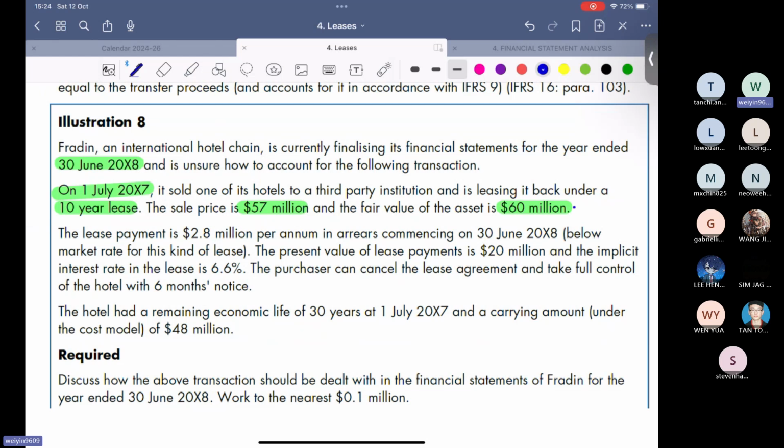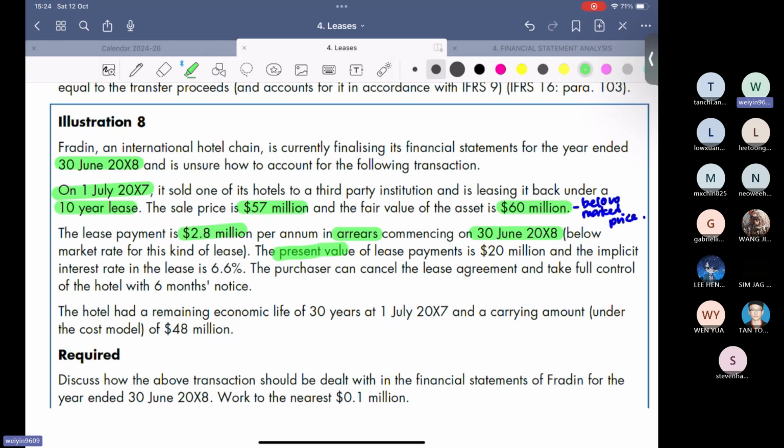Can you see this one? So this is below market price. So you have the 3 million of prepayment. Just now, according to the standard, this 3 million prepayment you have to add to the right-of-use asset. The lease payment is 2.8 million per annum in arrears. In arrears meaning paid at year end, commencing on 30th June 2008, below market rate for this kind of lease.